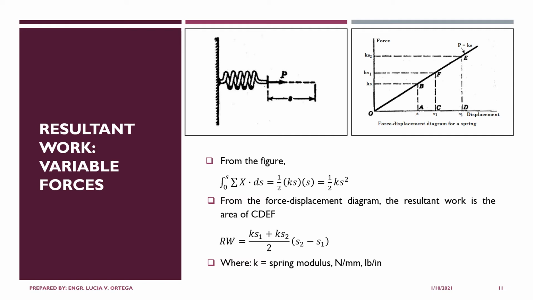From the force displacement diagram, the resultant work is the area of CDEF. So what's the area? The resultant work is Ks1 plus Ks2, divided by 2. So you are solving for the average, times the difference in distance, S2 minus S1, where K is the spring modulus.